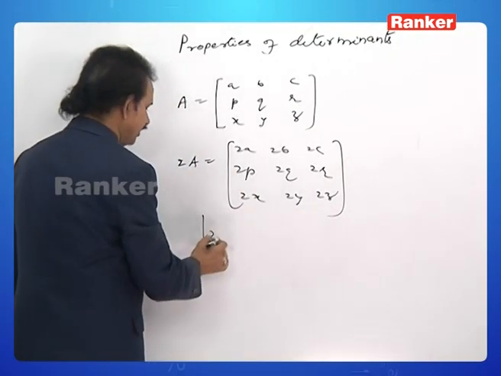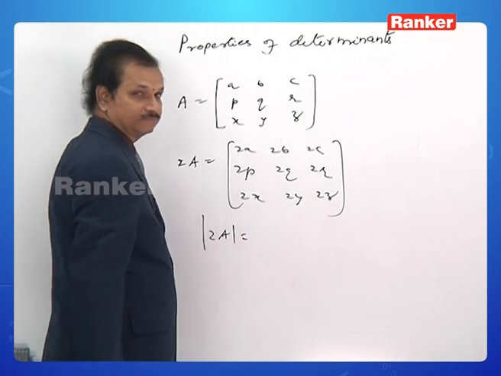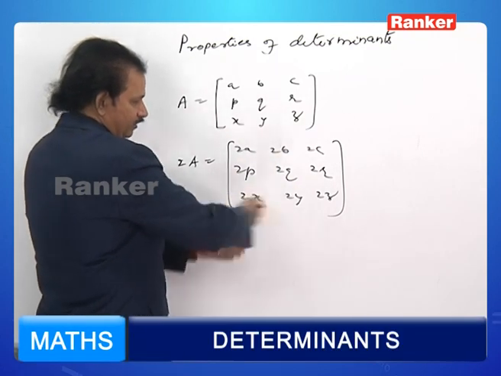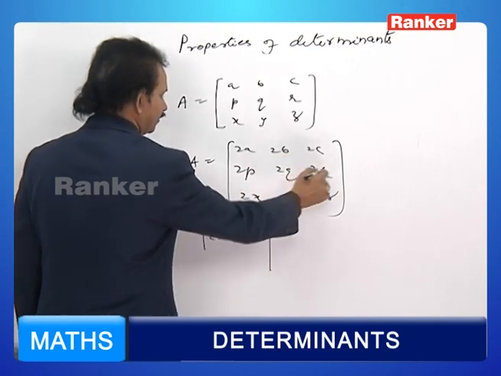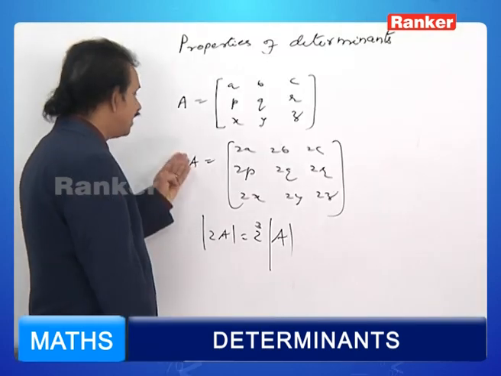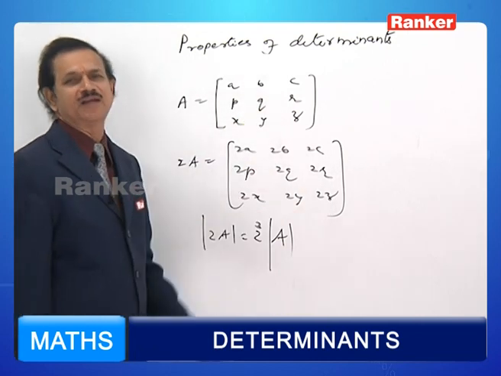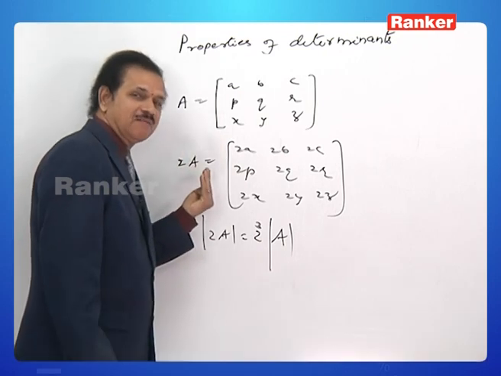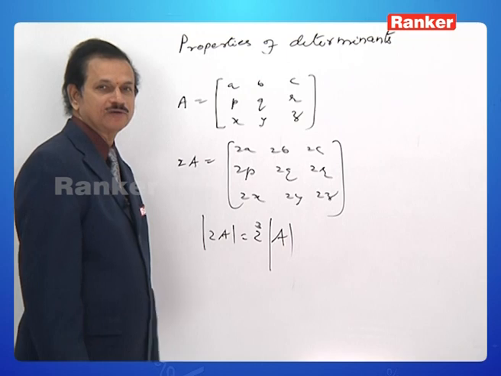What is det 2A? Determinant of this: you can take 2 out from the first row, from the second row, from the third row. Altogether, 2 cube into A, B, C, P, Q, R, X, Y, Z, which is nothing but 2 cube det A, isn't it? 2A means every element of A is multiplied by 2, so in every row you can take a common factor 2 out: 2 from the first row, 2 from the second row, 2 from the third row.